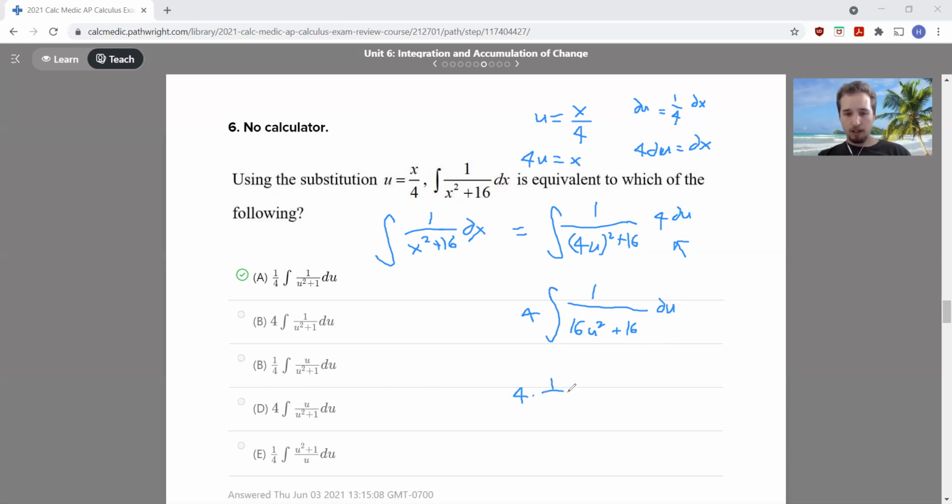4 times 1/16. And I took the 16 out, so I get u squared plus 1 on the bottom. And then, well, 4 is the same thing as 16 over 4.